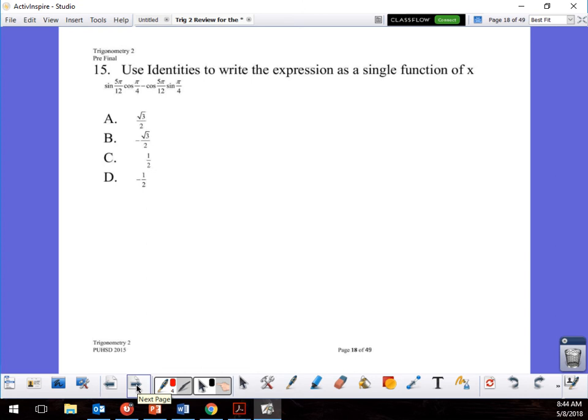15. This one says use identities to write the expression in a single function of x. It is either going to be a sum or difference identity. Please flip all the way back to the front and look at your sum and difference identities.